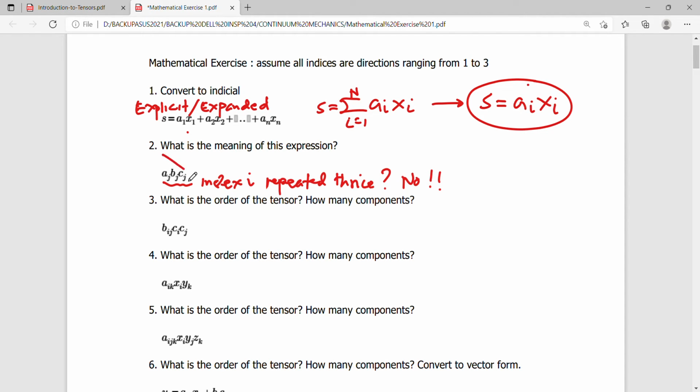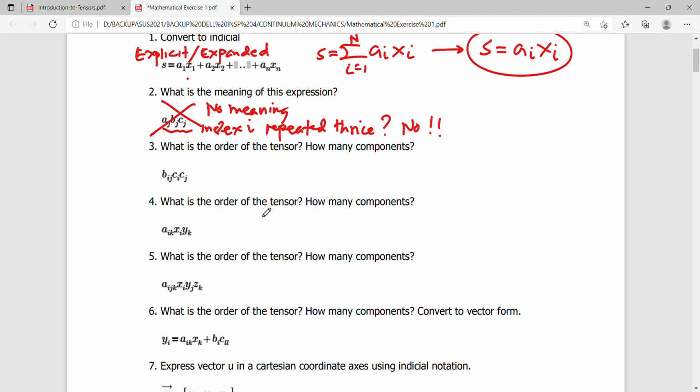So there's no such thing as this expression. There's no meaning. In continuum mechanics, if you see this, this could be a special case that you have to treat for a specific use, but in general, this term here has no meaning.